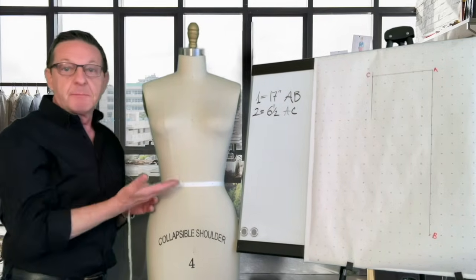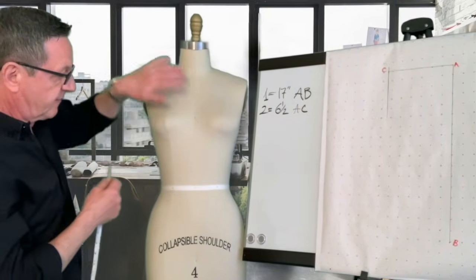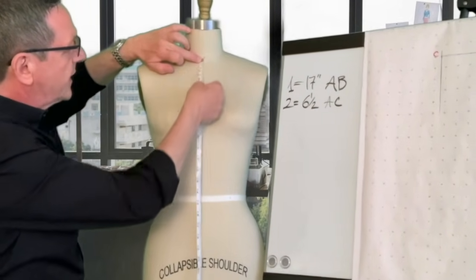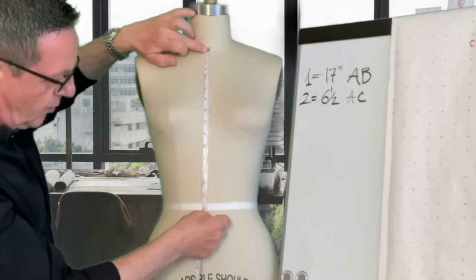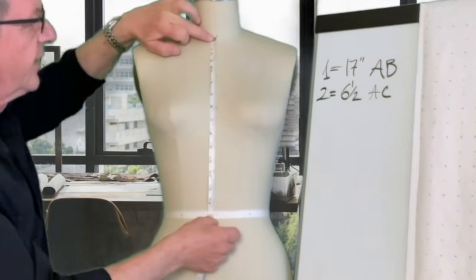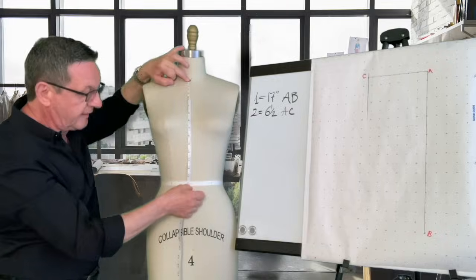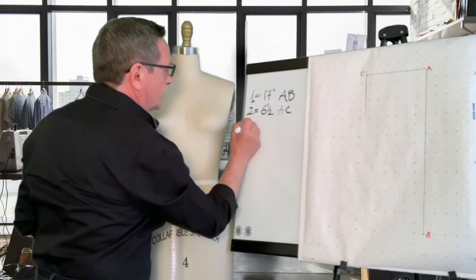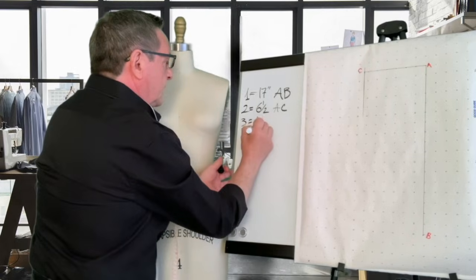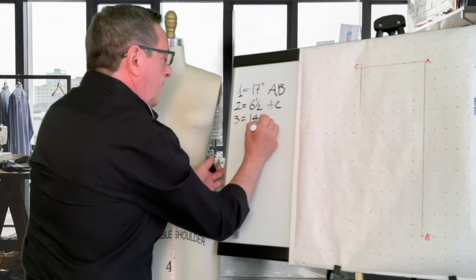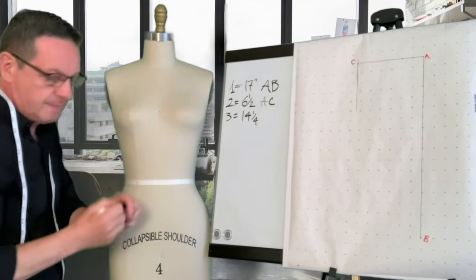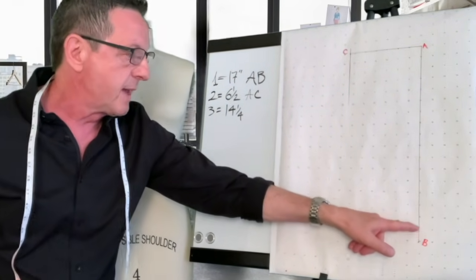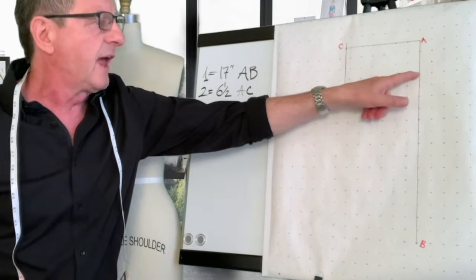Okay, our third measurement is our center front. That's fairly simple. We'll take our tape measure from the neckline down center front to the waistline. In my case, it measures 14.25. And that's the third measurement. So that's measurement number 3 is 14.25. Okay? So from your B cross mark, we're going to measure up 14.25.